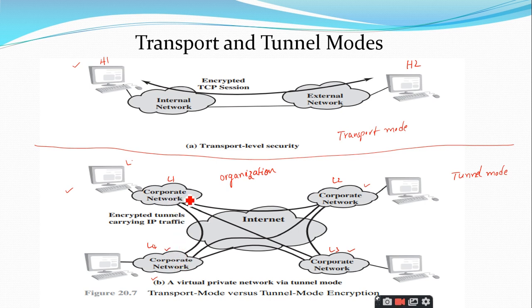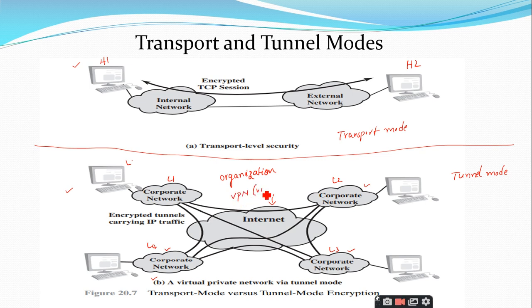And you can see here that all these private networks are connected via the internet. So, the medium that helps to communicate the data from one network to another network is the internet only. But remember that the tunnel mode operation can be used to set up a virtual private network.